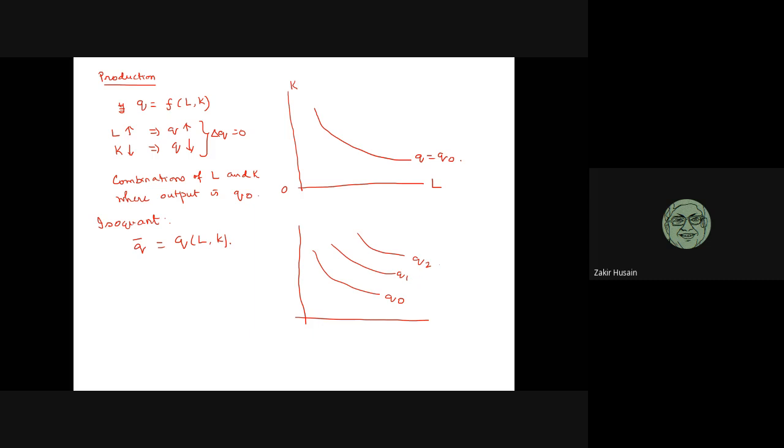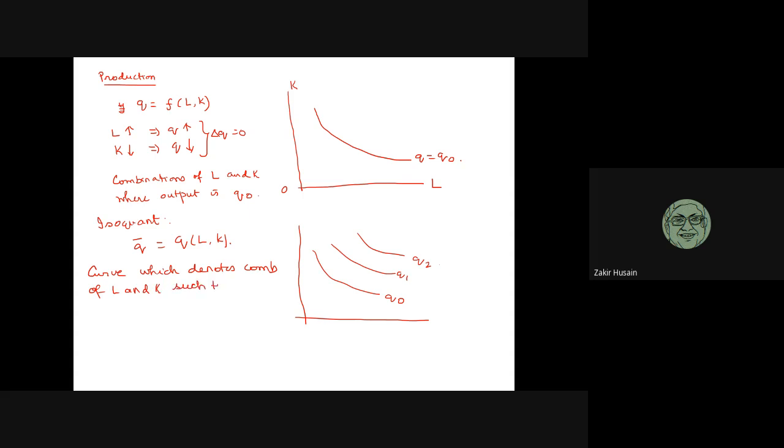It's a curve which denotes the combination of labor and capital such that output is constant. It can be Q0, Q1, whatever. So I just put Q1. So it's a level set for production.